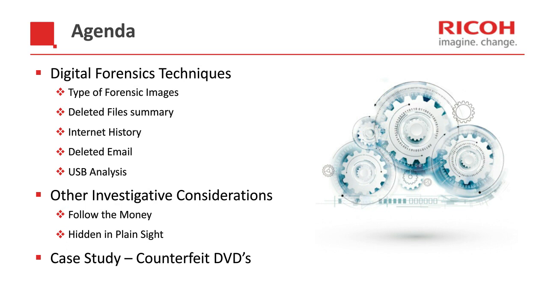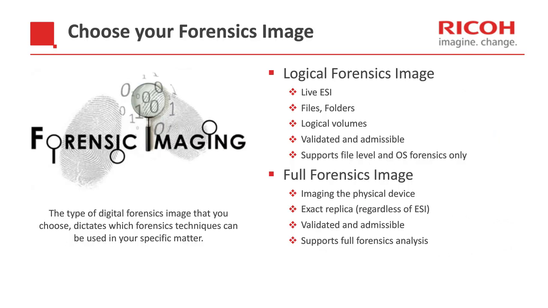So with that said, it all starts with the forensic image. There has been a lot of ambiguity about what is an image, what is a forensic image, and so we split it out into two ways, a logical forensic image and a full forensic image. So a logical forensic image is really, think of a forensic image in itself, regardless of what type.